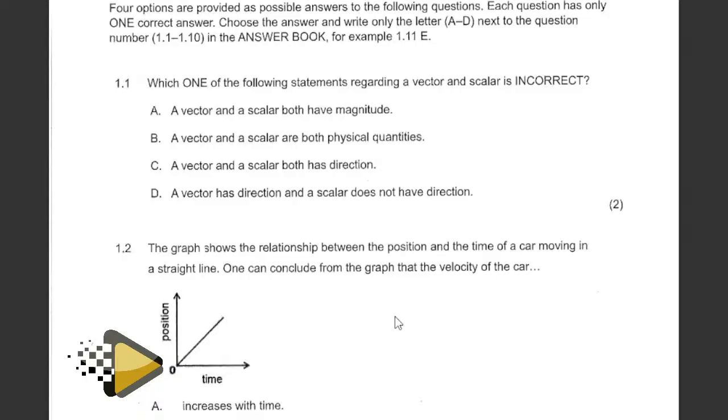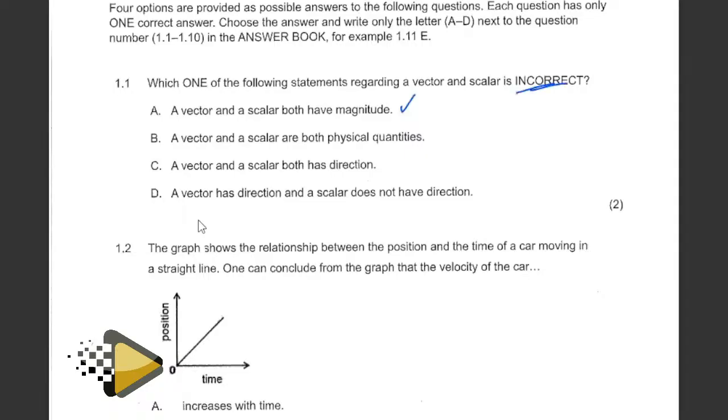Before we get to the answer, we need to know what a scalar is and what a vector is. A vector is a physical quantity that has both magnitude and direction, whereas a scalar is just a physical quantity with only magnitude. Let's look at the options. Option A says a vector and a scalar both have magnitudes. That is correct.